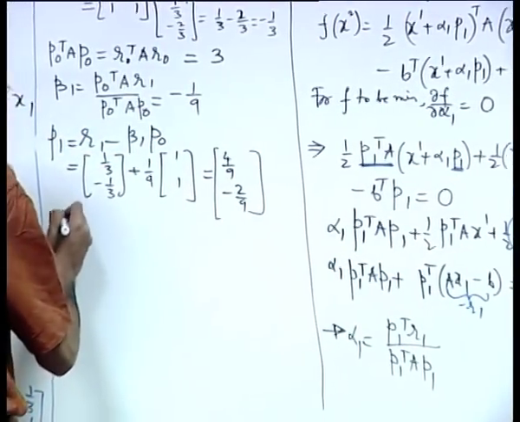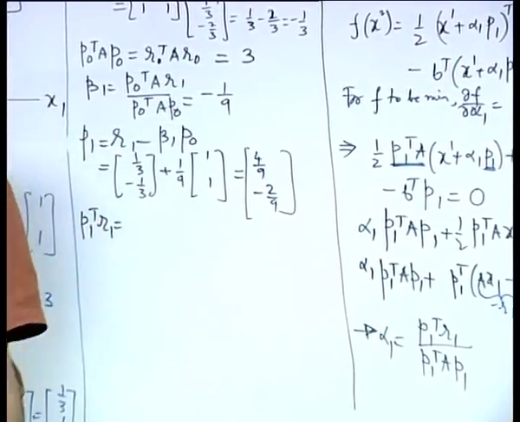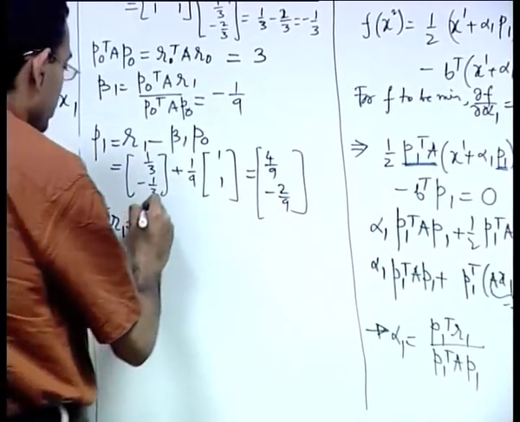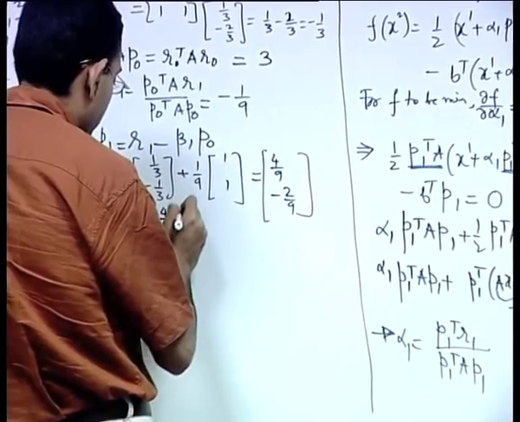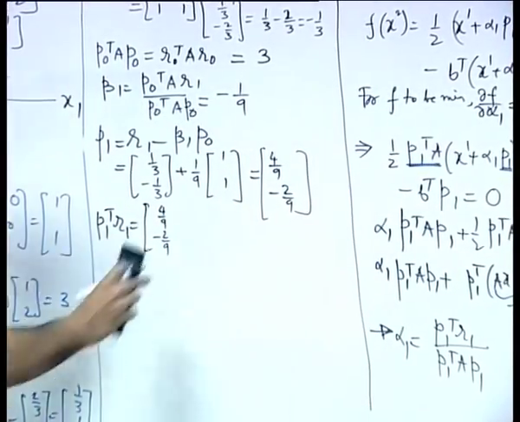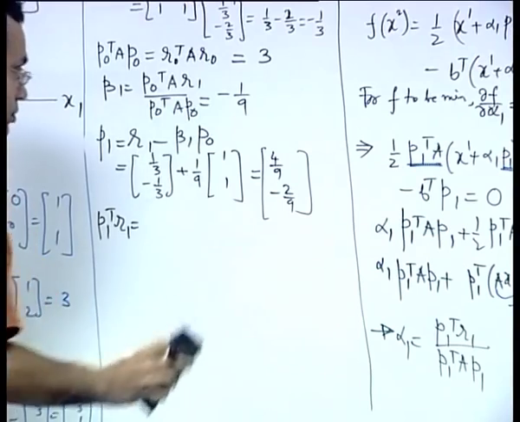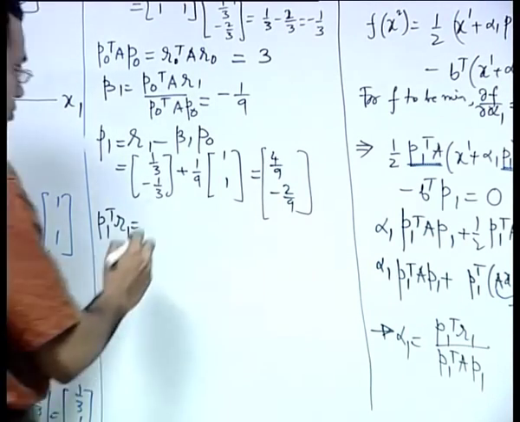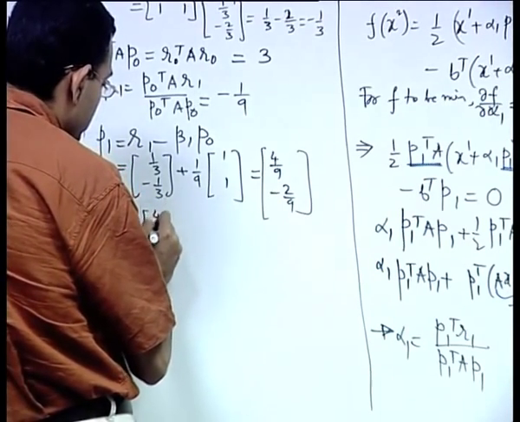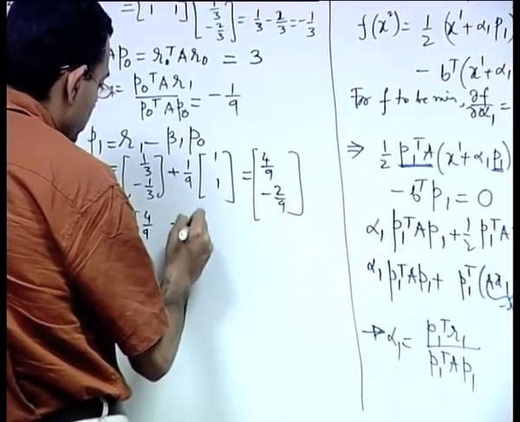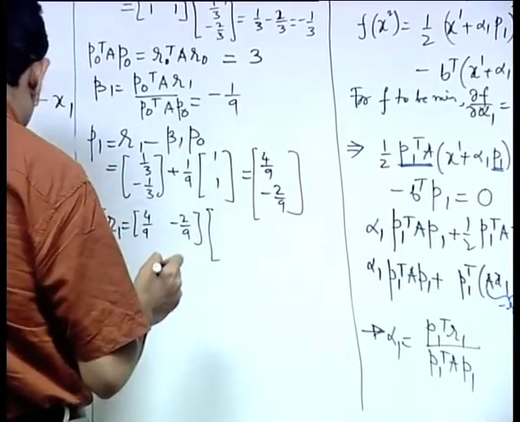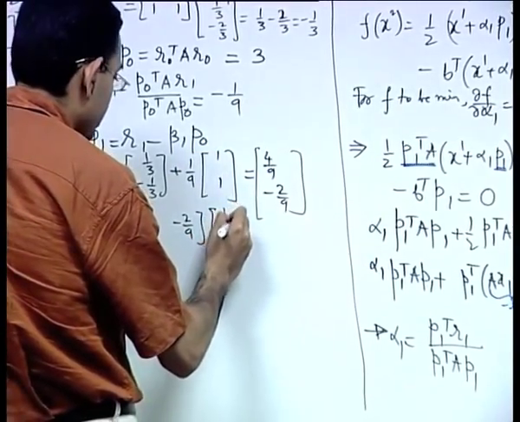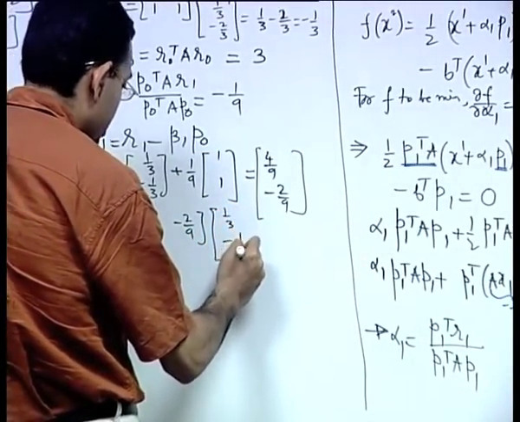So P1 transpose R1, R1 is 1/3, minus 1/3.